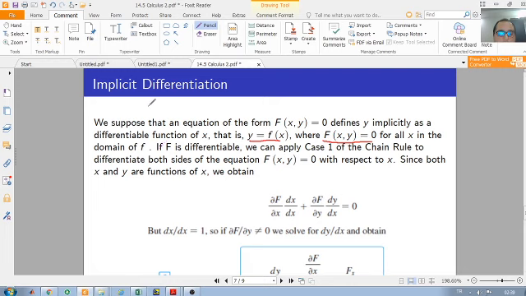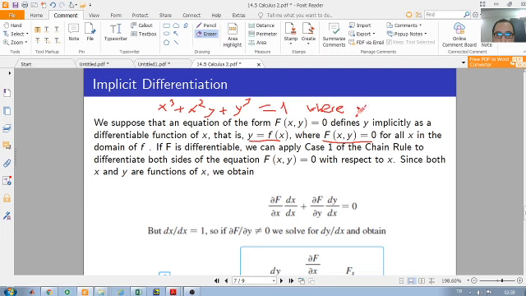For example, x cubed plus x squared y plus y cubed is equal to 1, where y is some function of x, but we don't know its explicit definition.